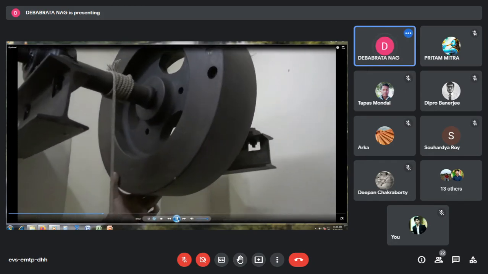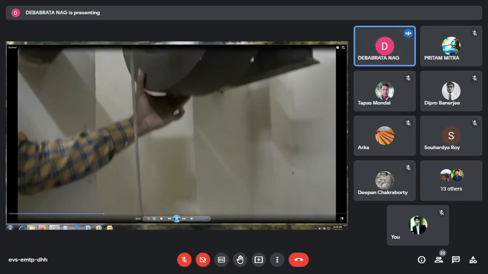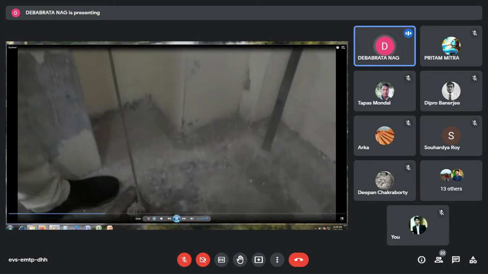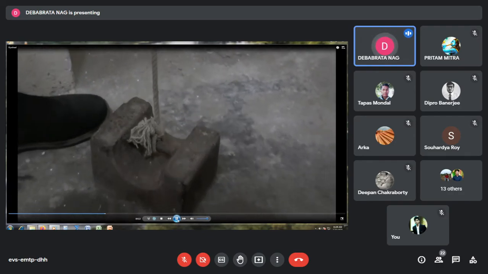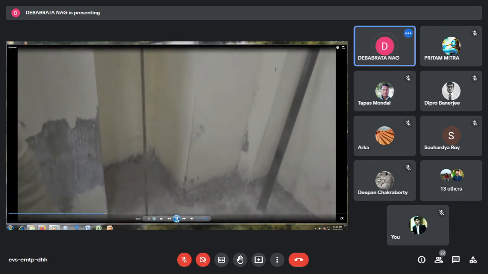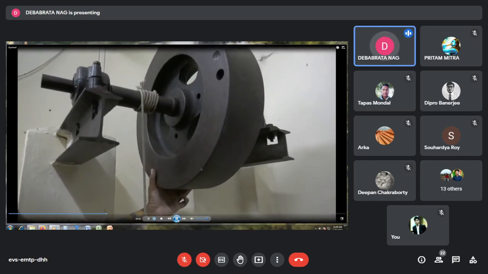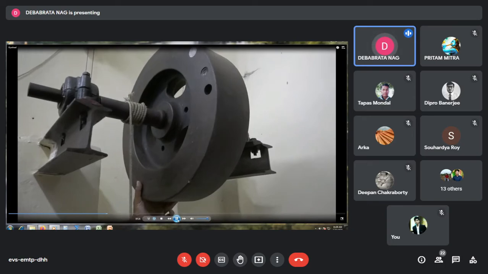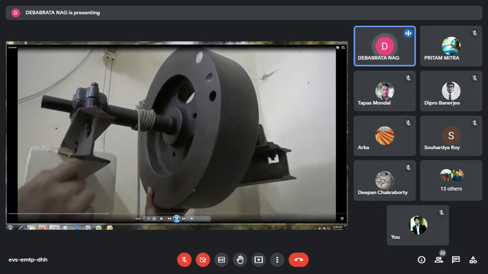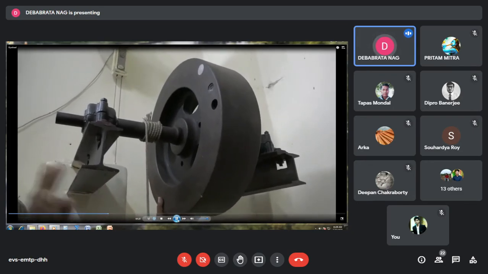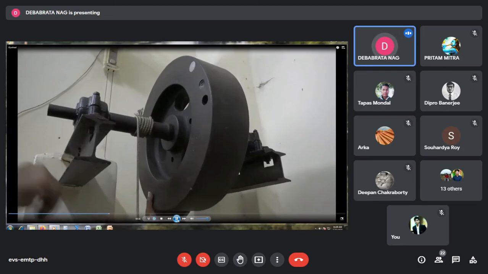The moment we release this weight from a predefined height, we arrange 2 stopwatches and start both simultaneously. Now the weight is falling. The moment the weight hits the ground, we stop one of the stopwatches and note down the reading. That is T1. The other stopwatch is still running.